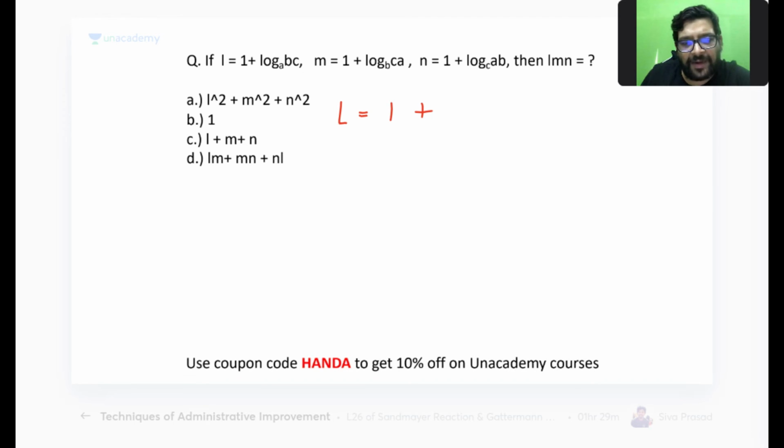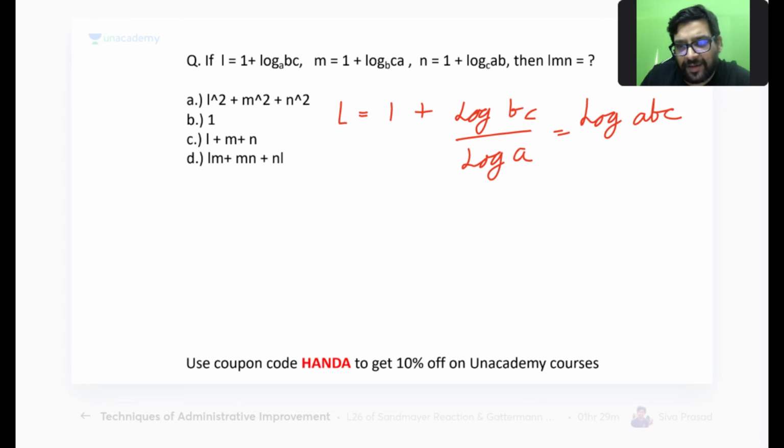So L is 1 plus log BC by log A. So basically it is log ABC by log A.